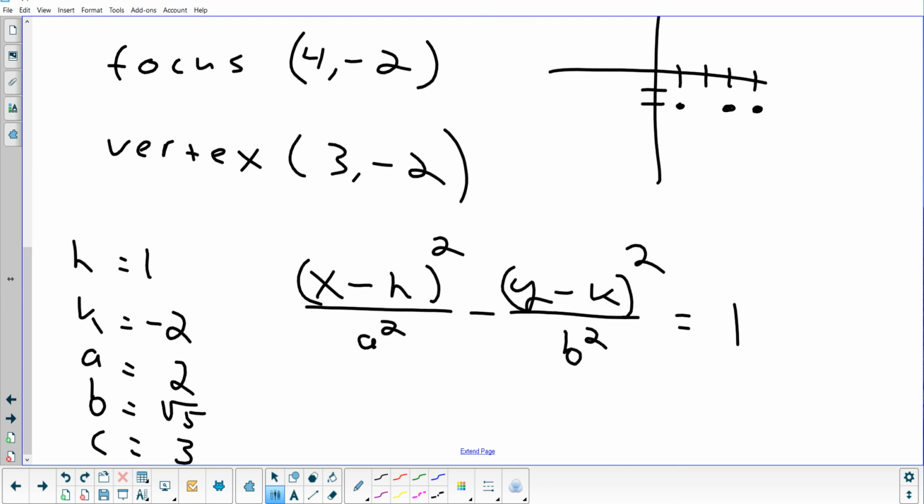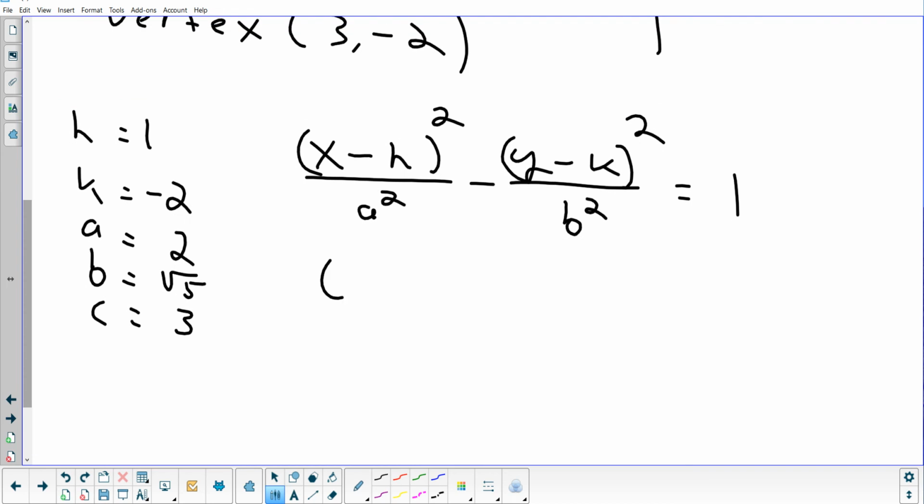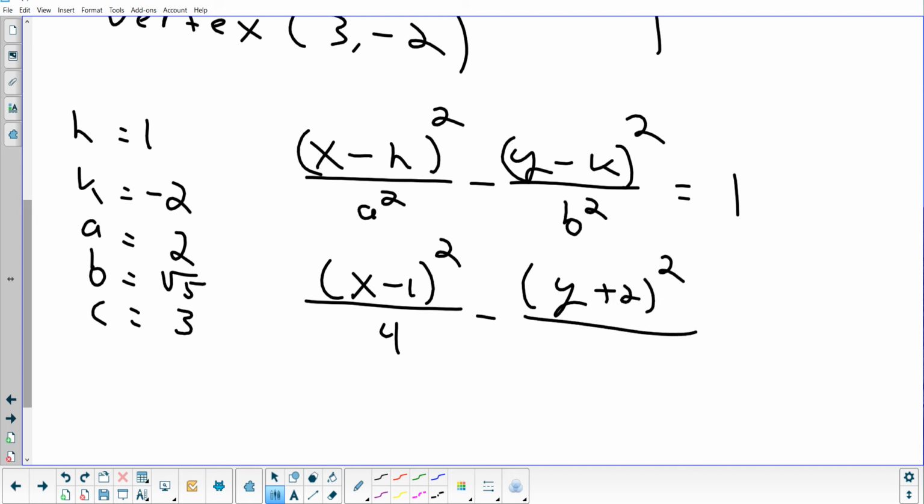Now fill it all in. So it's going to be x minus 1 squared over 4 minus y plus 2 squared over 5 equals 1.